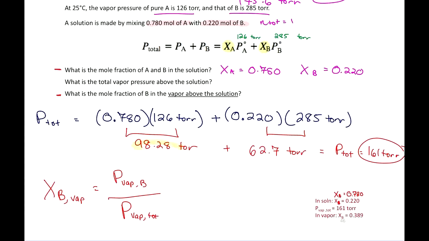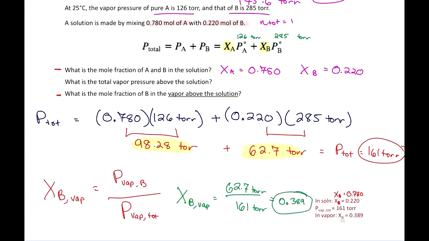I told you that A is contributing 98 torr, component B is contributing 62 torr, and I have the total vapor pressure right there. And so the mole fraction of B in the vapor phase is equal to 62.7 torr divided by 161 torr. And so we see in the vapor phase, B is actually present close to 39%.